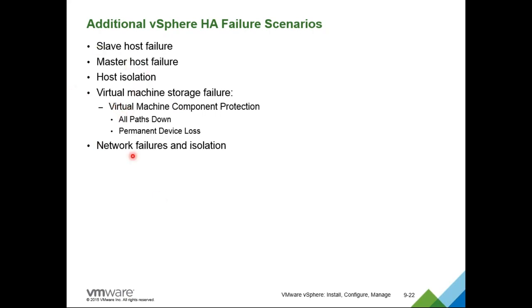It might be a problem with your Cat5 cable, or your network interface card was not installed with the proper drivers and was not able to transfer your HA heartbeat traffic. Then also after 11 seconds your vCenter server will think that your host has failed. So these are the slave and host failure scenarios.